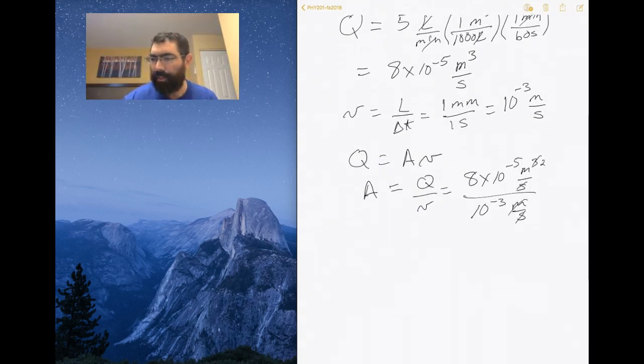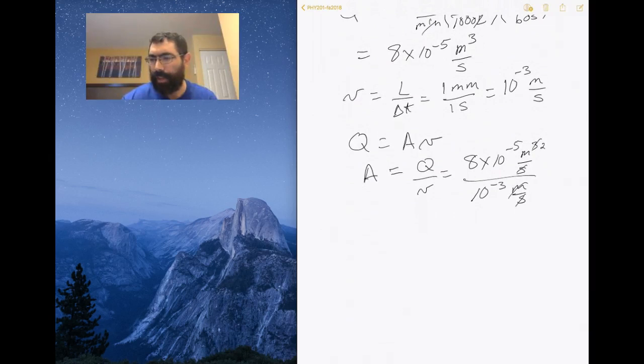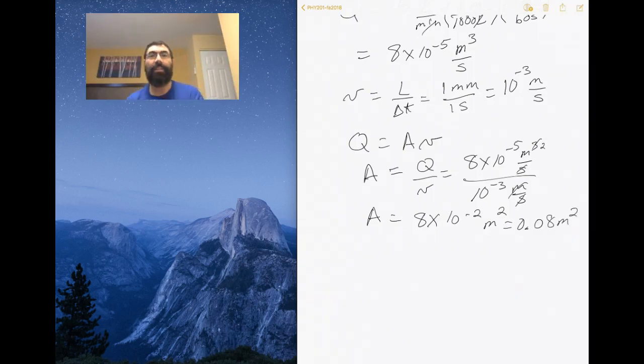So we get a total area for all of the capillaries of 8 times 10 to the minus 2 meters squared, or 0.08 meters squared. That's the total area of all the capillaries added together inside this system.